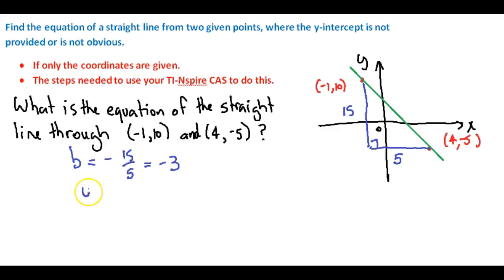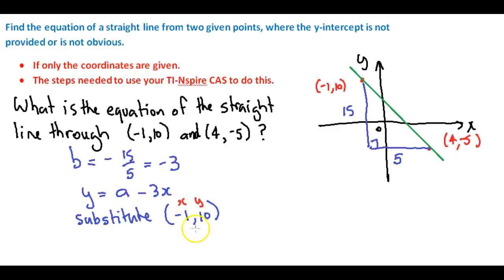So far we know that y equals a plus bx. We don't know what a, the y-intercept, is yet, but we've just figured out b, so we know half our answer. Now I substitute one of our known points. Again, I'm just going to put x and y to make sure I substitute the right values.